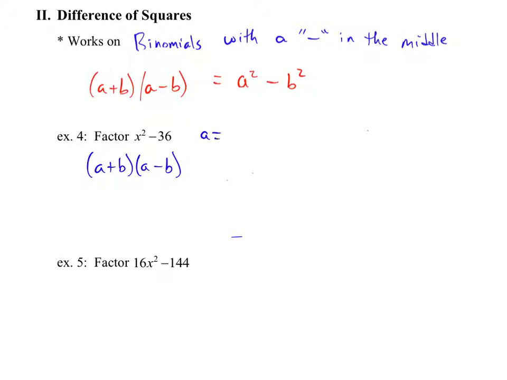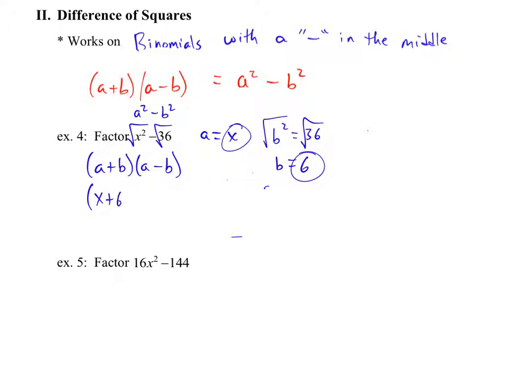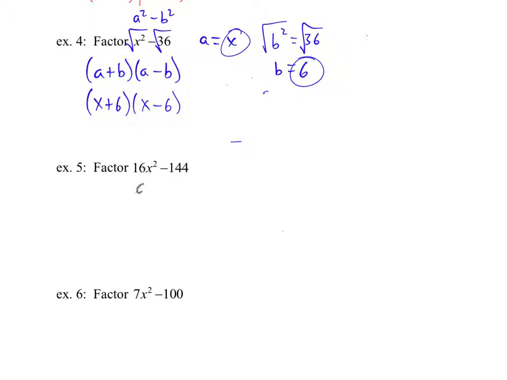But a has to be what? Square root of x squared is x. B is this thing over here because we're saying it's a squared minus b squared. So if b squared is 36, I could find b by square root on both sides. B is 6. So I know a and I know b. So I get x plus 6, x minus 6.